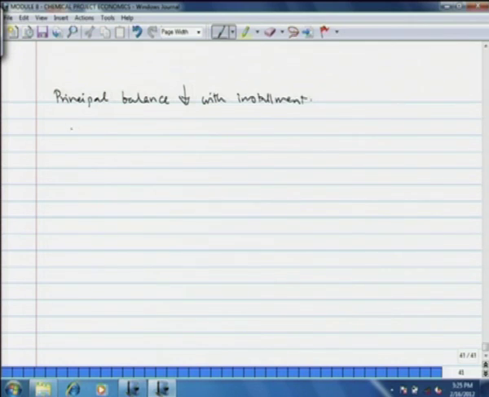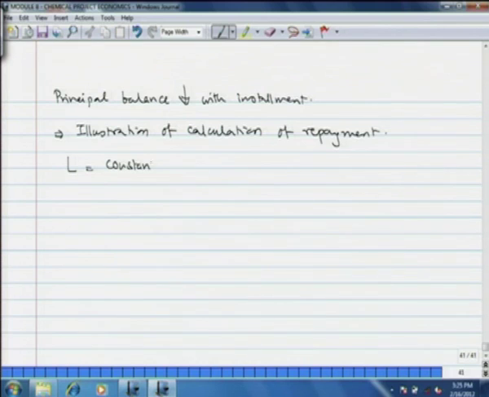Let us illustrate the calculation of repayment. Let L be the constant amount paid in each period.